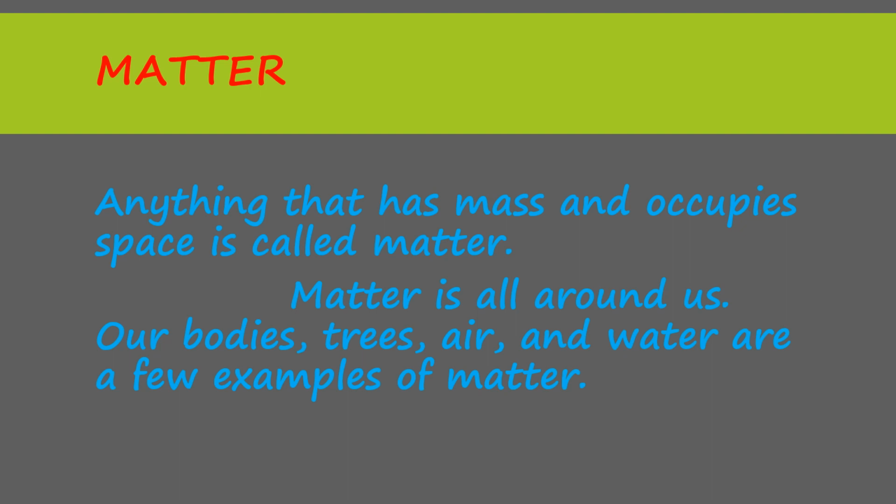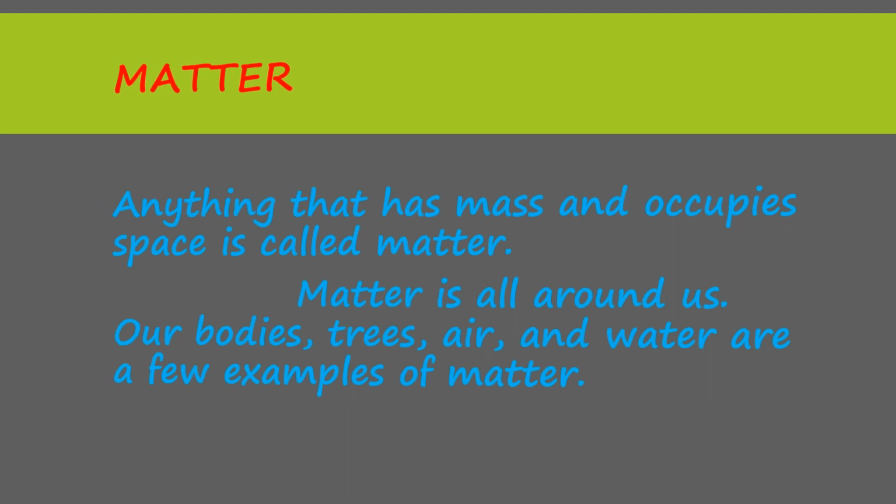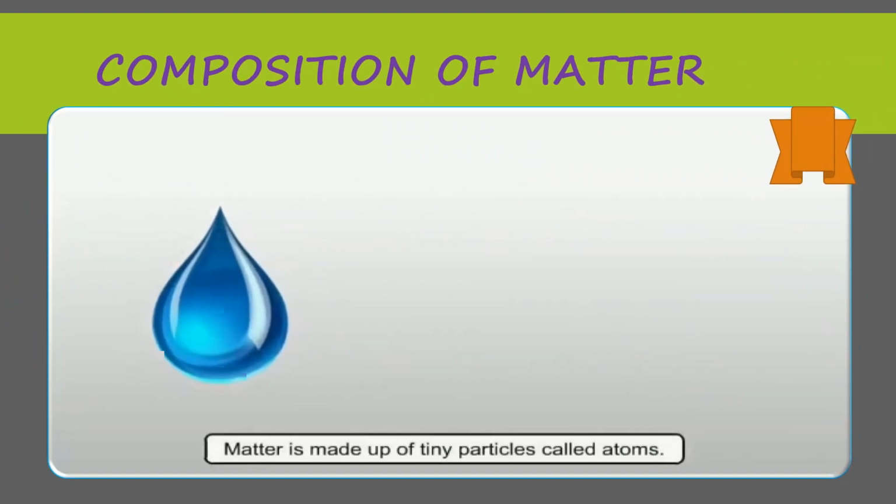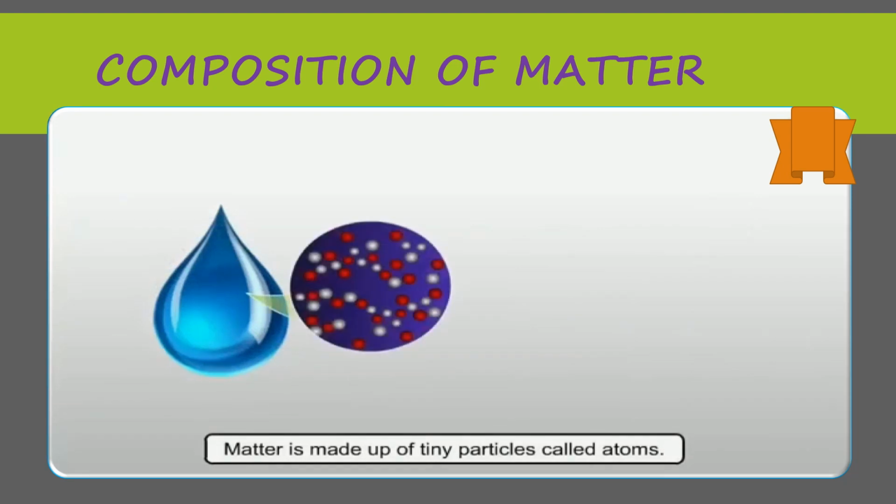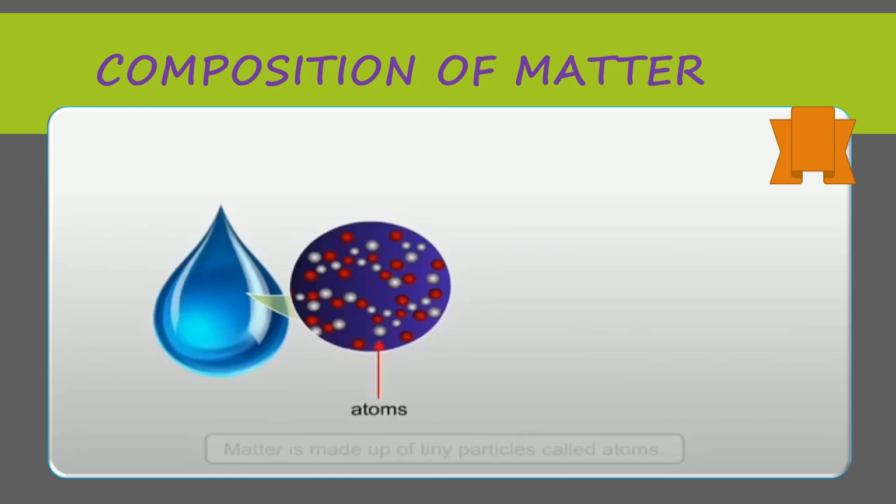Matter is all around us. Our bodies, trees, air, and water are a few examples of matter. Matter is made up of tiny particles called atoms. These are so small that we cannot see them.